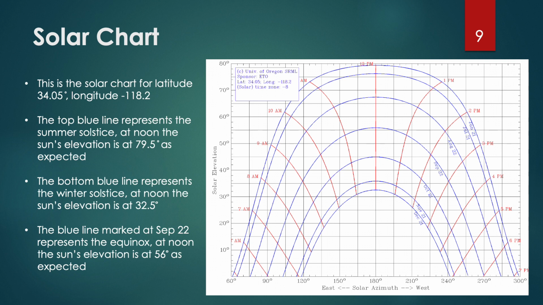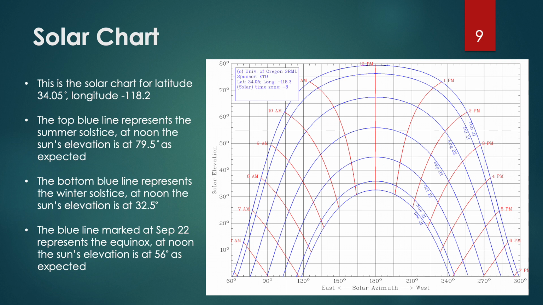So that's about a northeast direction. And as the day progresses, when we get to noon, the sun is directly above our head if we're facing south. And then as the evening comes, the sun sets at an azimuth angle of 300 degrees.